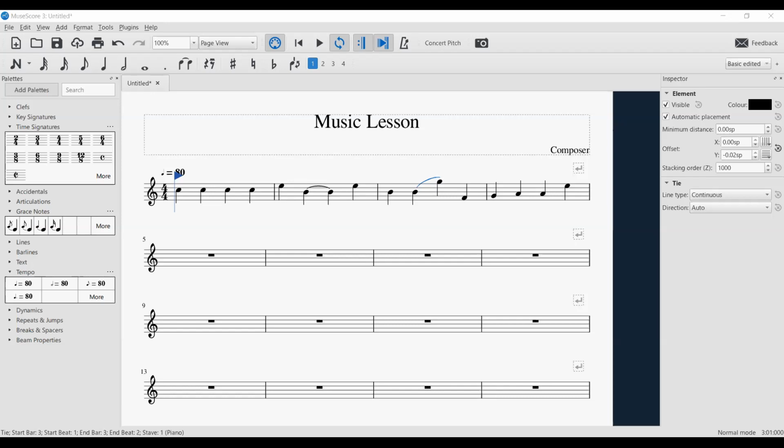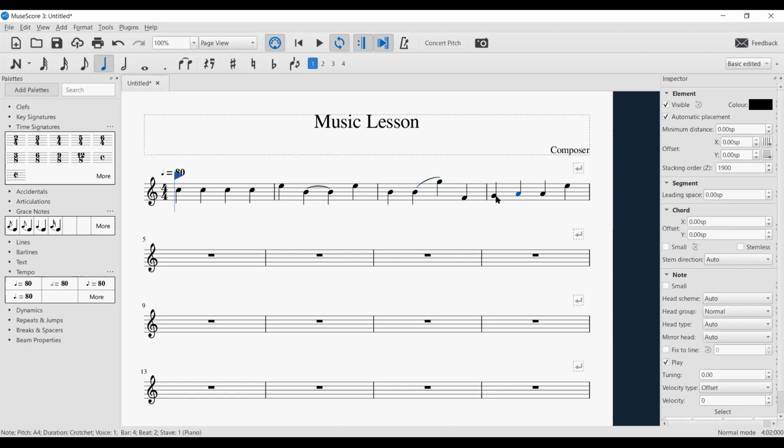Note and press S to begin the slur section, S again to end the slur. All right, what we can do, we can add a note there. Note, okay, and then S. There you go. That's what we're looking for.